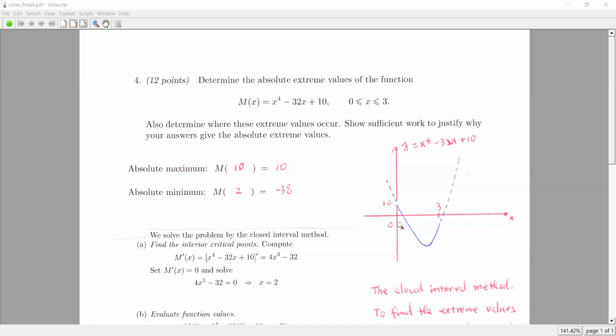From this diagram, we can see that the highest point is here and the lowest point is here. To find the absolute extreme values of this function over this closed interval, we use the closed interval method.